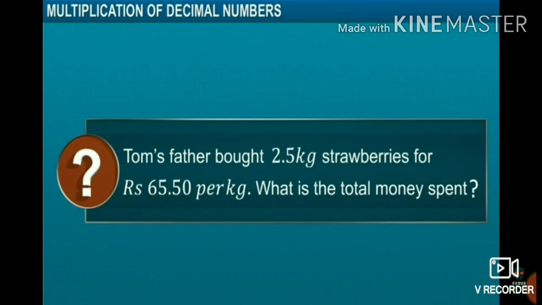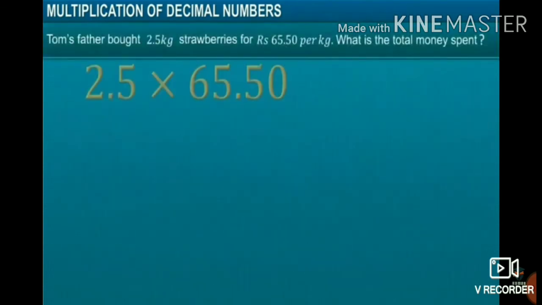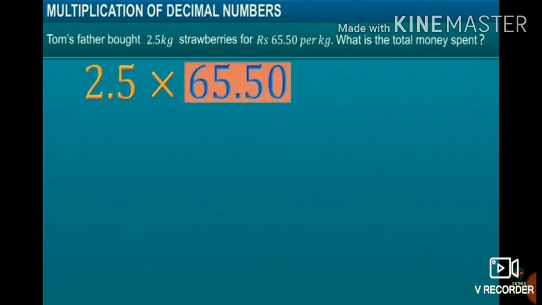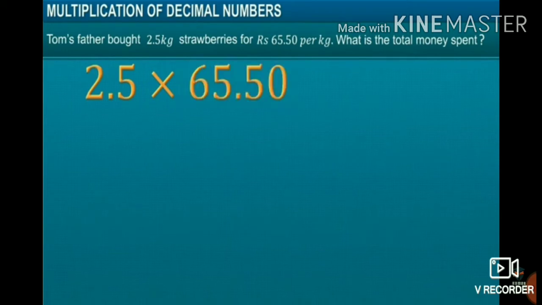Take the next example. This is whole number multiplication: 2.5 into 65.50. You multiply as a whole number multiplication. So multiply it. Okay, now you can count how many digits there are on the right side of the decimal points. Count them, add those 550.